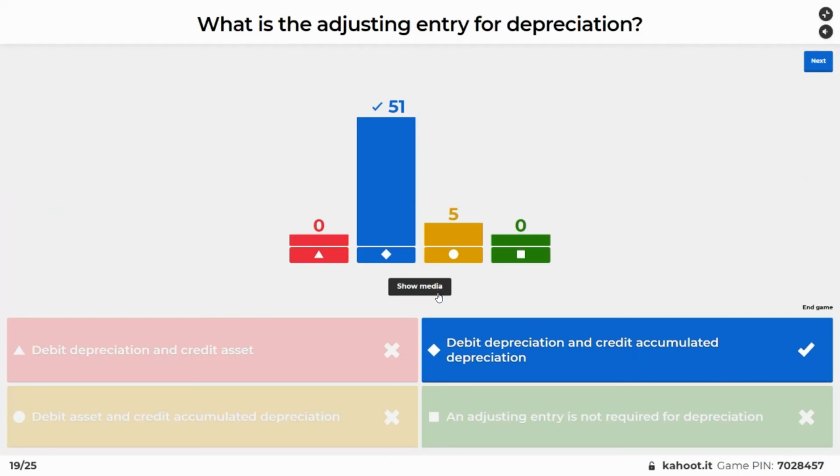Okay, so 51 got the correct answer. Very good. Siguro ang lesson lang sa atin nitong Kahoot quiz and the whole discussion, the accounting process is, while nasa higher year na tayo, we tend to forget yung mga basic accounting concepts natin, no?